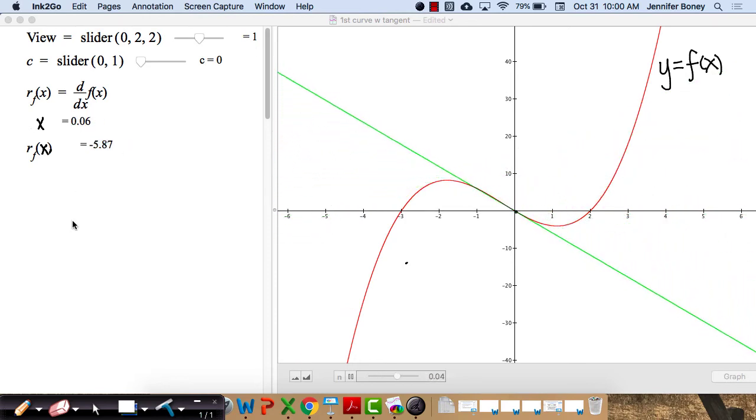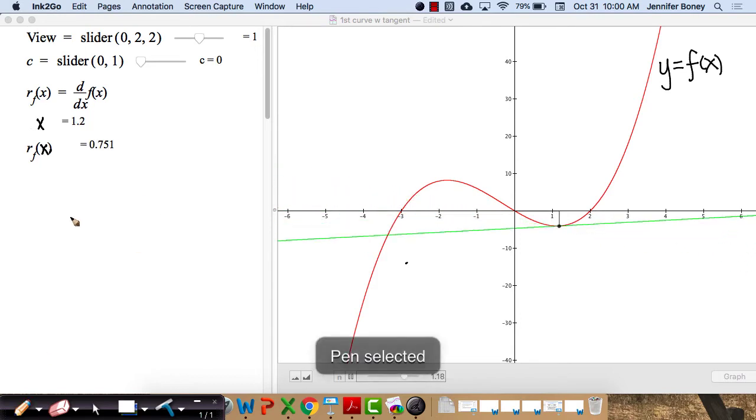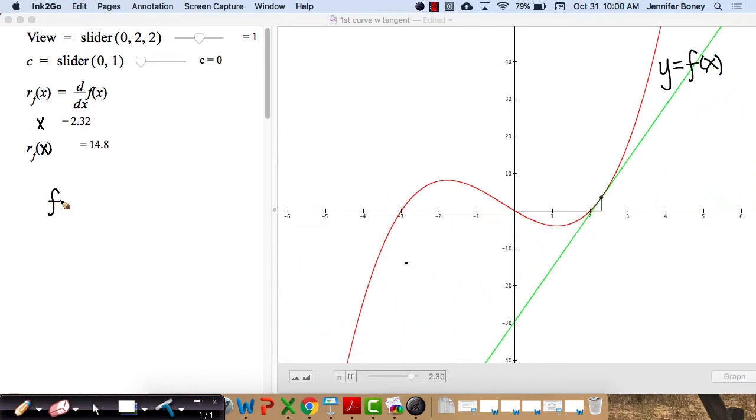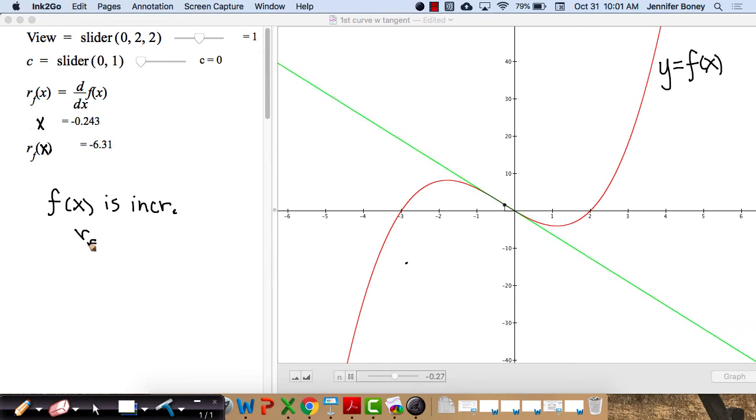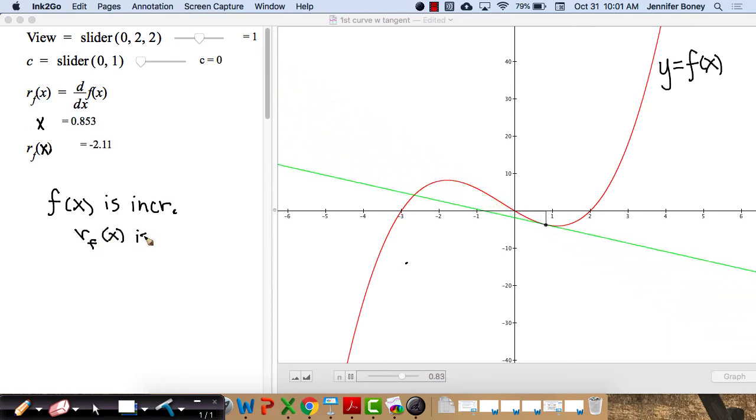So when f of x here is increasing, then r sub f of x is what? If I know that f of x is increasing, what word could I use to say what is true about r sub f of x? Positive.